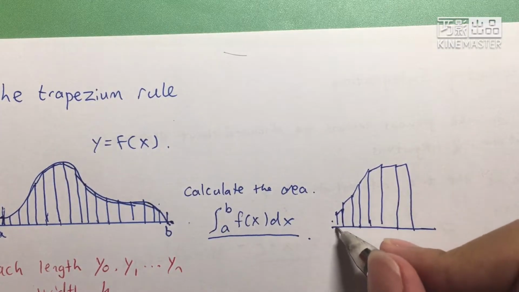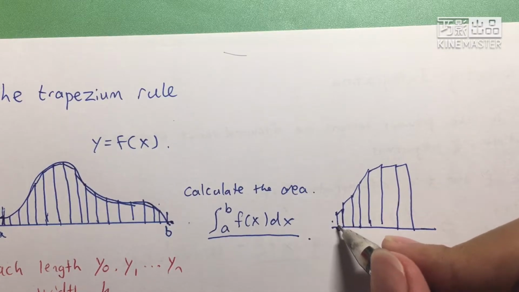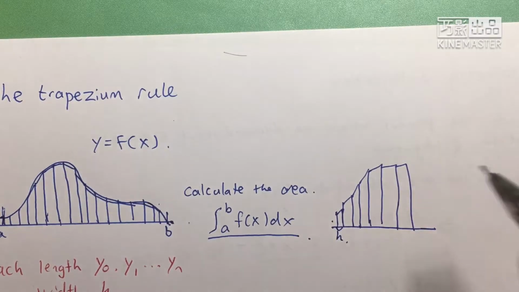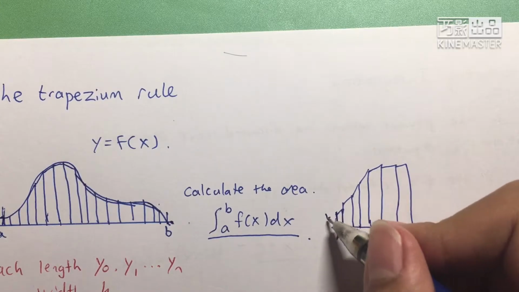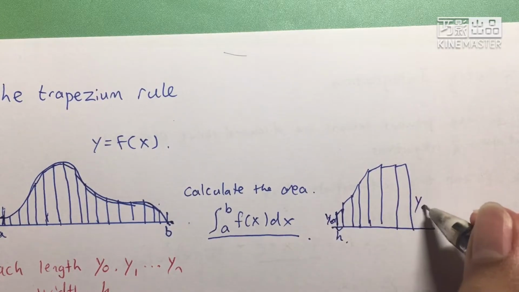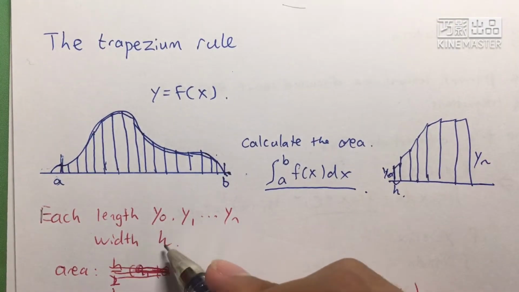Assume that all the widths of the trapeziums, the heights, are h, and for the bases, we call them y0 to yn, like here.